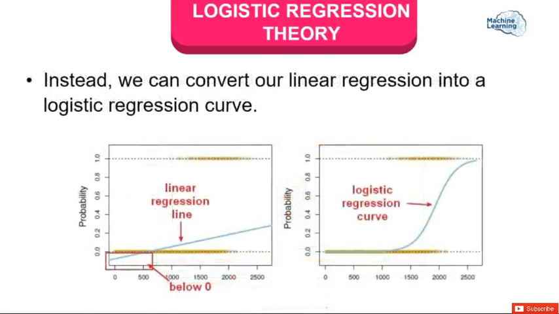So instead, we can convert our linear regression to a logistic regression curve. And you're going to notice that our logistic regression curve can only be between 0 and 1. This will be key to understanding classification using the logistic regression curve.